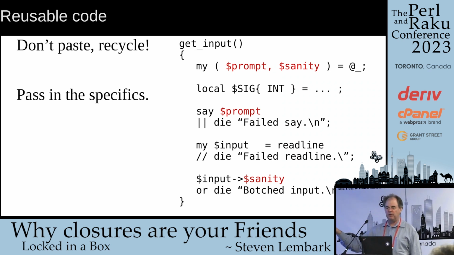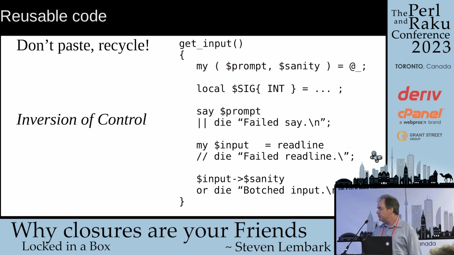All my boilerplate is now completely reusable. This is called inversion of control because the subroutine that's executing doesn't control the execution. The subroutine passed into it does. So you're not calling a subroutine and saying, here, control yourself. You're calling a subroutine and saying, here's the control for you.